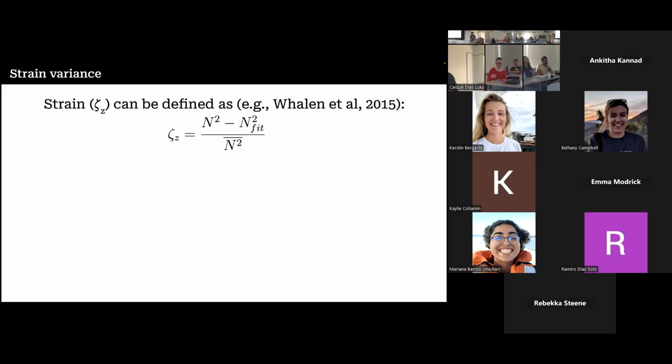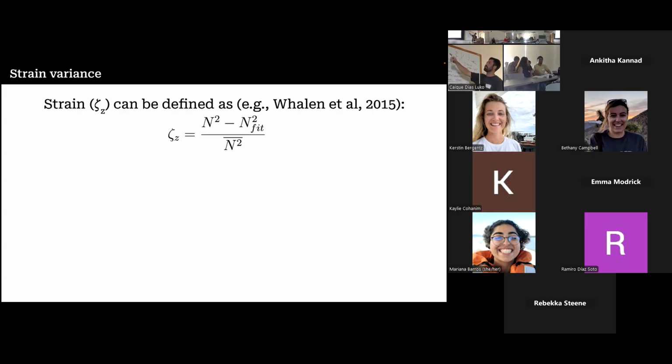So this N squared average is supposed to normalize everything. Let me try to draw. Okay, so let's say you have a stratification profile that's kind of like this.